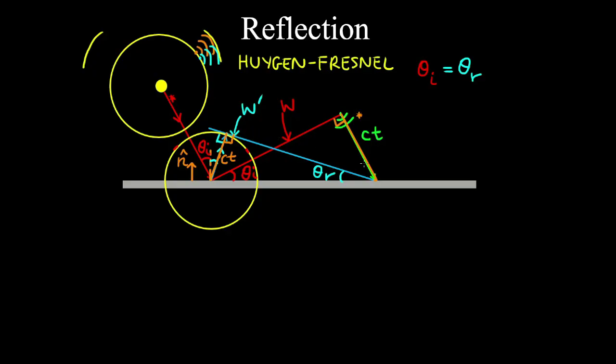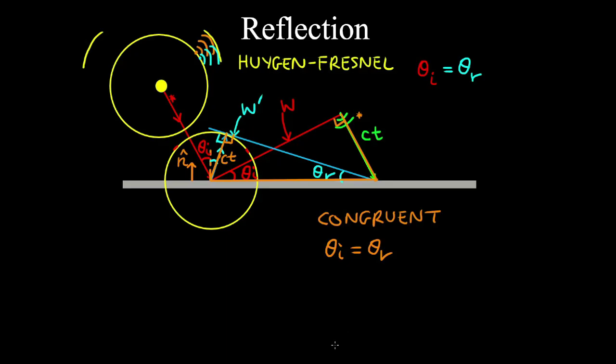So therefore we have two right angle triangles that have a common edge at this surface, and they have a common angle, and the other edge has the same length. So these two triangles are congruent. And that means that theta i is equal to theta r.